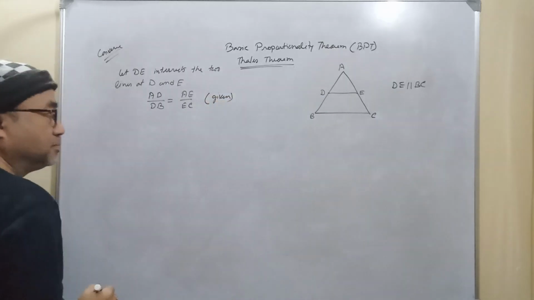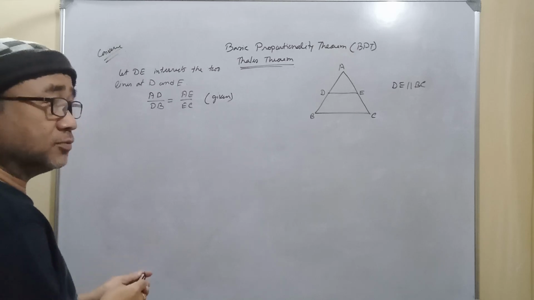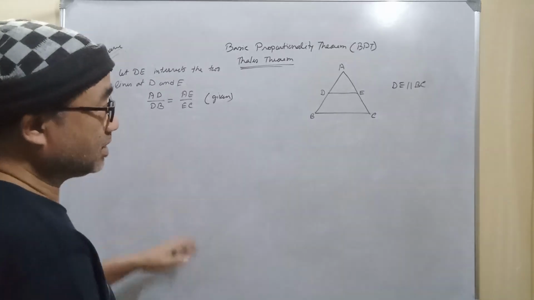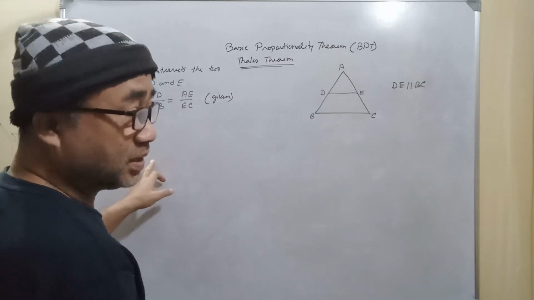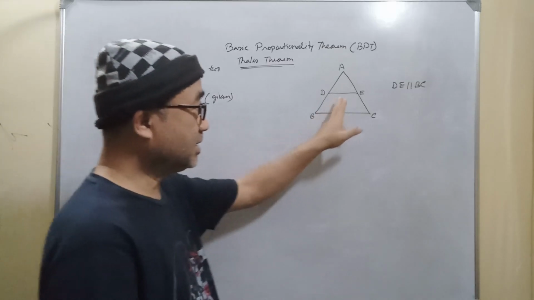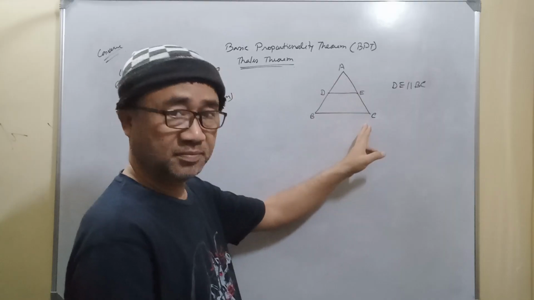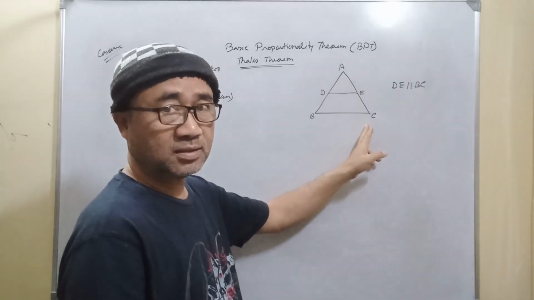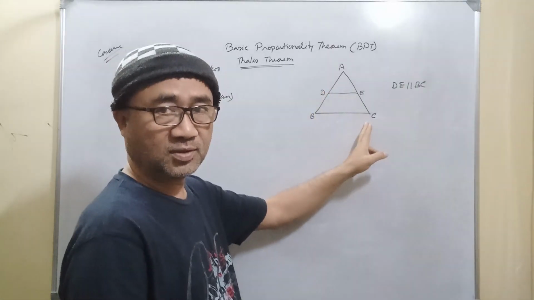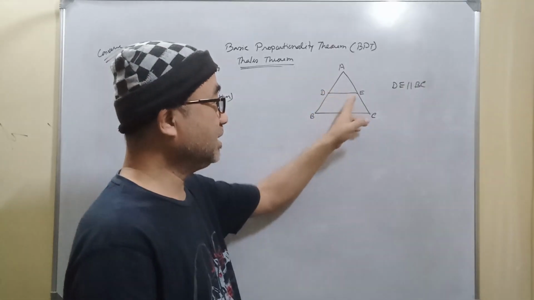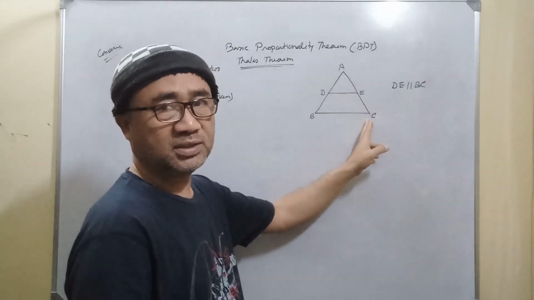It's given. We will assume that there is another line parallel to BC. Suppose DE is not parallel to BC, so there must be another line which is parallel to BC. Okay, we are assuming that DE is not parallel to BC.